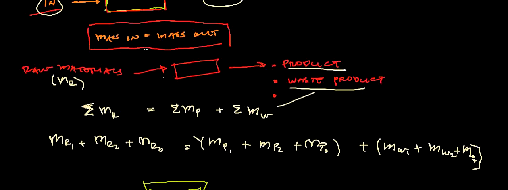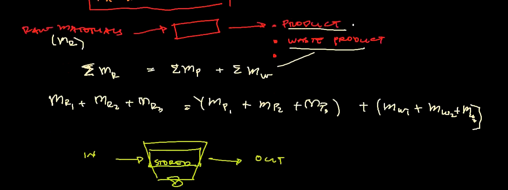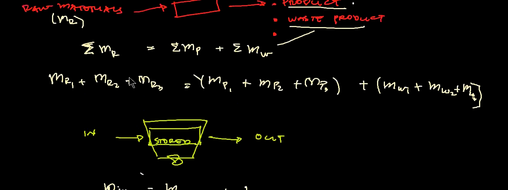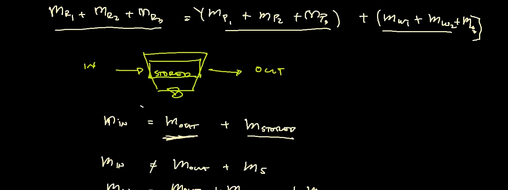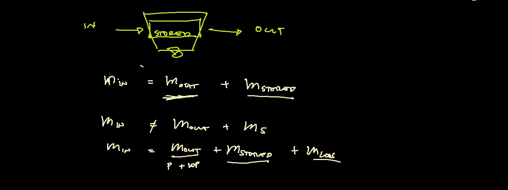We have the raw material as our mass going in and our mass going out in terms of the product and waste product. We've also defined if there are different raw materials as well as different products and byproducts. Then to account also for the material that is being stored in the plant, we've added it on the right side of the equation to balance the mass that is going into the system.